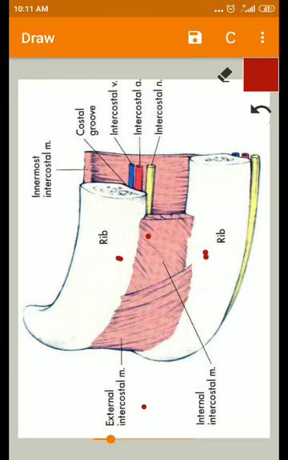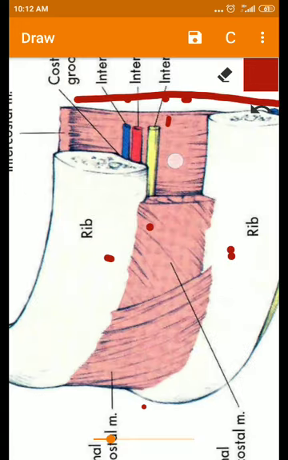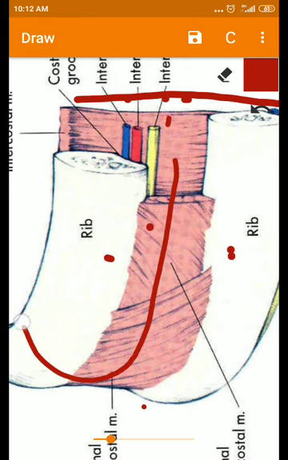lateral margin. So here we are having the sternum, isn't it? So from the lateral margin of the sternum anteriorly to the level of the angle of the rib. So here we are having some angle of the rib. Up to here this muscle will run like this.